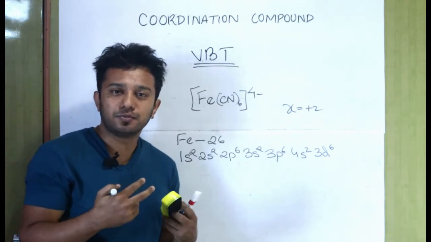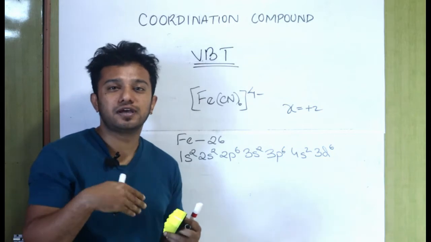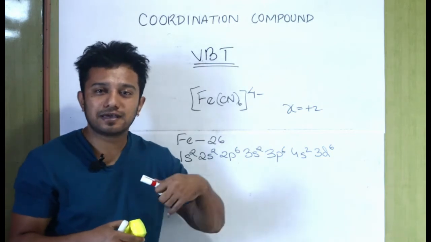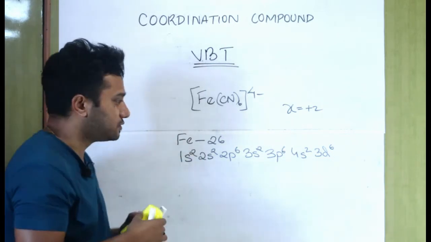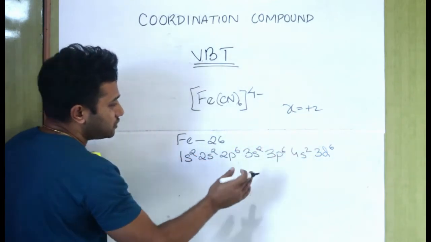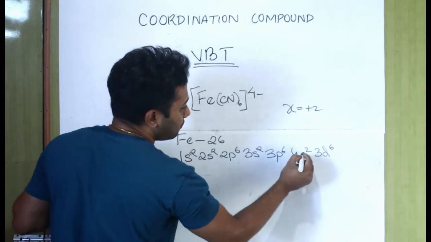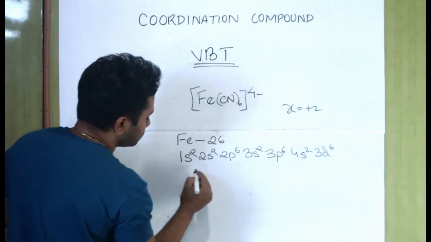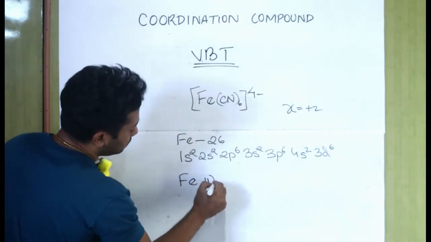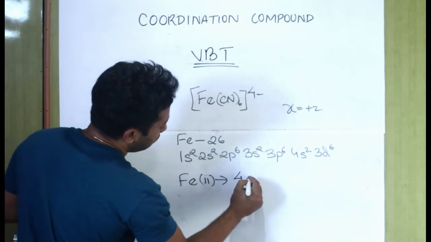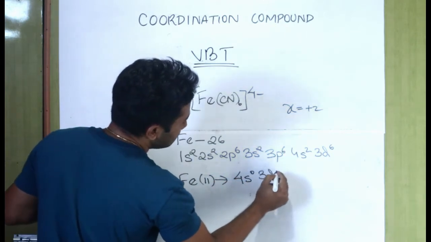If it is plus 2, I'm going to remove 2 electrons. If it is minus 2, I'm going to take in 2 electrons. Plus, I remove electrons; minus, I take in electrons. So since this is plus 2, I need to remove 2 electrons from the last orbital. If I write Fe2+ out here, I shall have 4s0, 3d6.